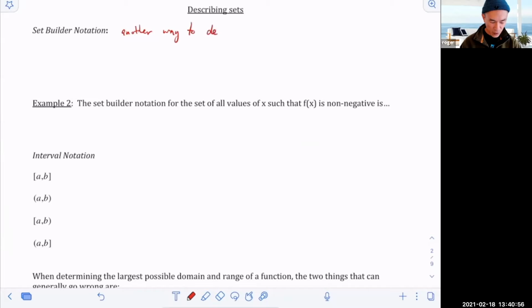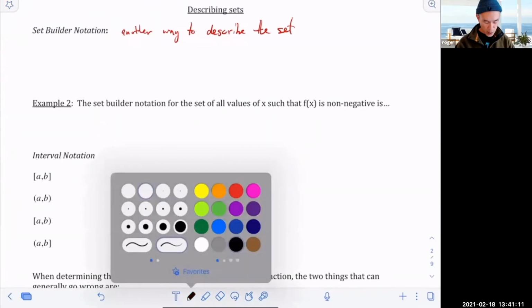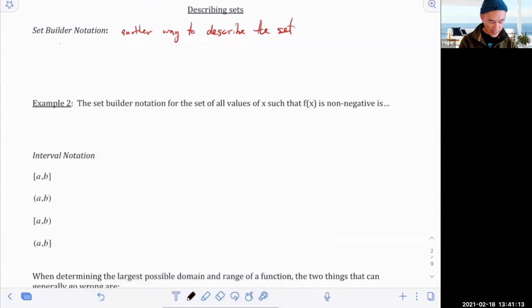Another way to describe the set. And how does it work? The way that it works is you use curly brackets to denote that you have a set. A lot of times in mathematics, we use curly brackets to denote a set of numbers.